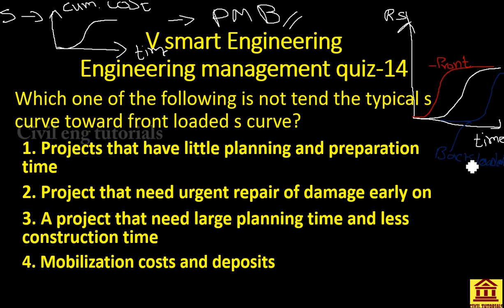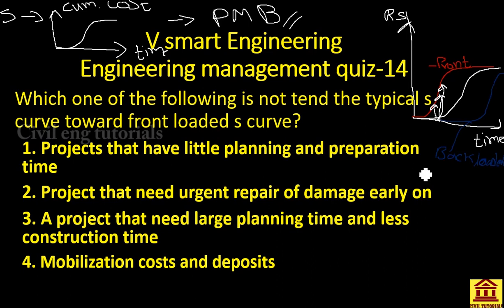In the front-loaded S-curve, at the earlier times more cost is needed and you have more expenditures. In the back-loaded curve, at the earlier times you have less expenditure, but at later times you have more cost and expenditures. This is the difference between the front-loaded and back-loaded S-curve.